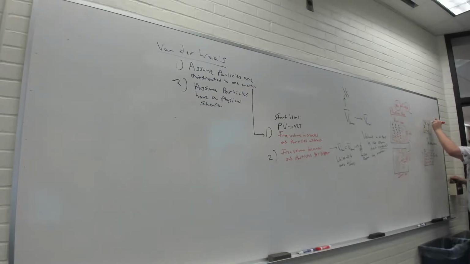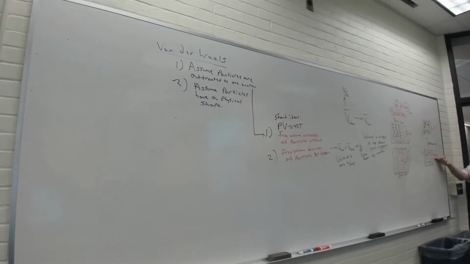But the interesting thing is that attractions are a two-body problem. You need to have two particles to have an attraction. So, as we described, the physical size decreases the volume by a linear factor in the number of molecules.